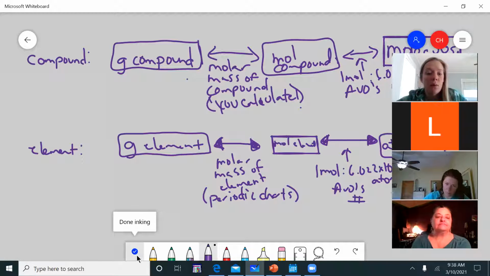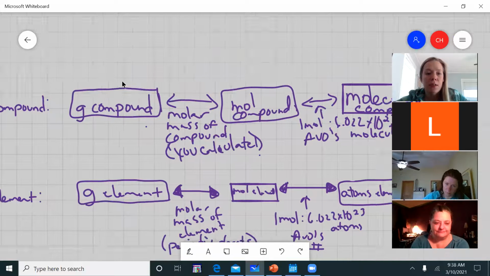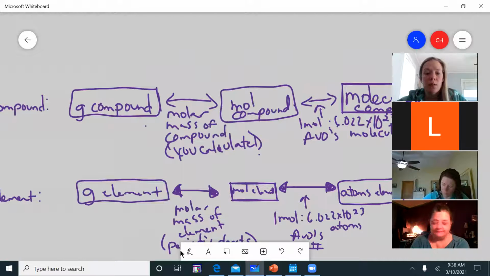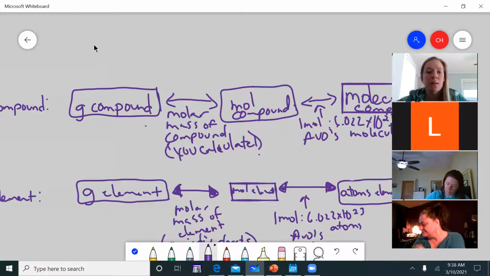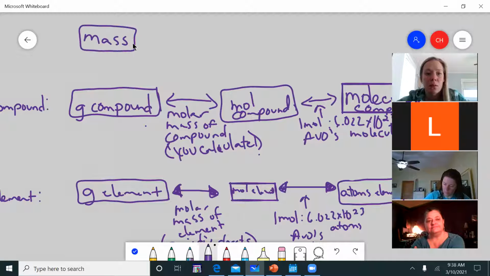And then we can even add on top here, as far as differentiating each of these sections: everything here is talking about mass. This over here is talking about moles in both instances.